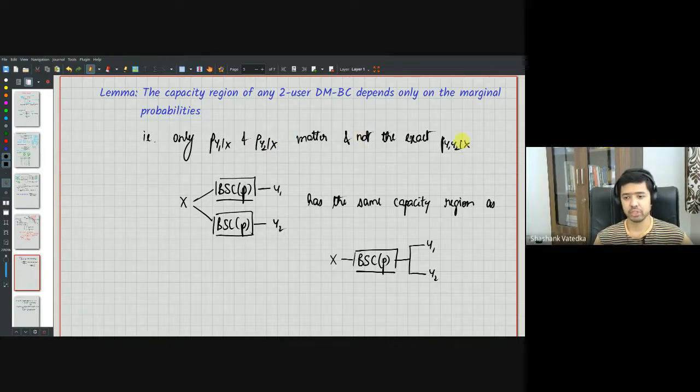The exact correlation between y1 and y2 doesn't really matter, so all of them have the same capacity region. So if we can find the capacity region for the case when y1, y2, up to yk are conditionally independent given x, then we can find it for any channel where they are possibly correlated.